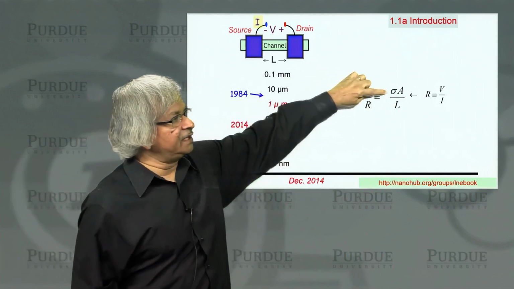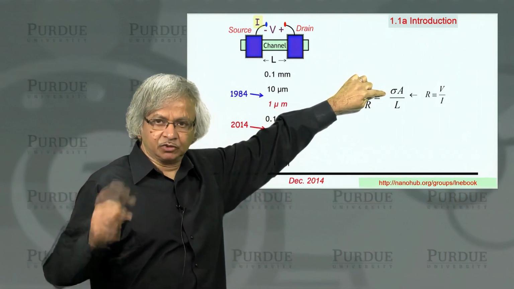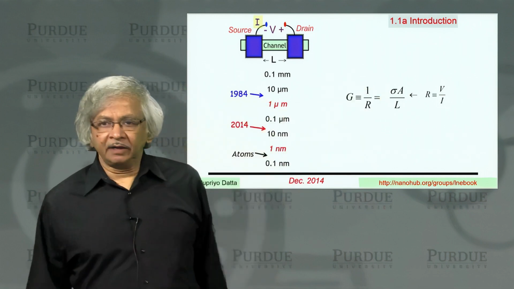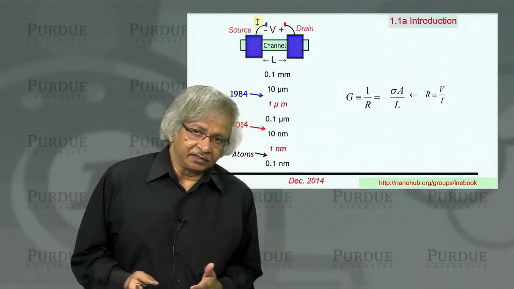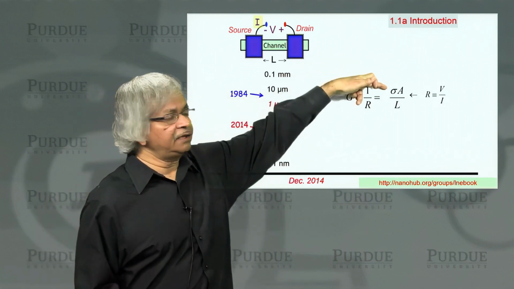And there is this material parameter called conductivity, which depends on what material is used in that conductor. So some things like copper conduct extremely well, other things conduct poorly. So what determines the conductivity?